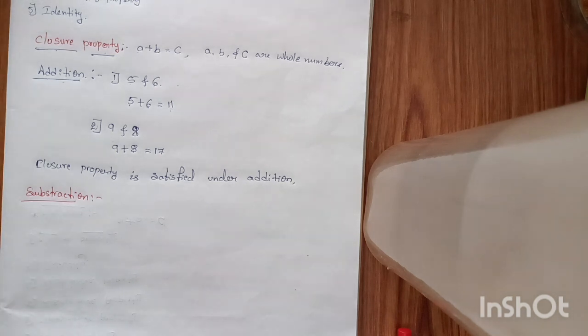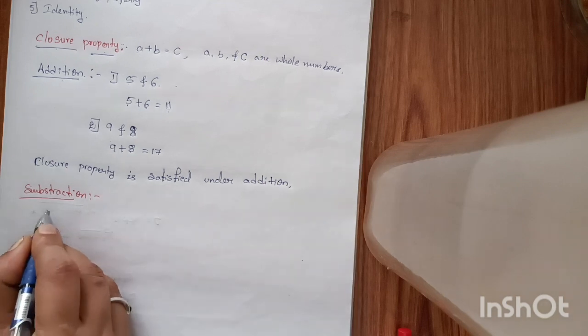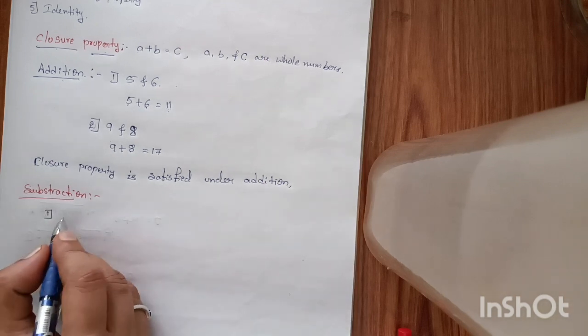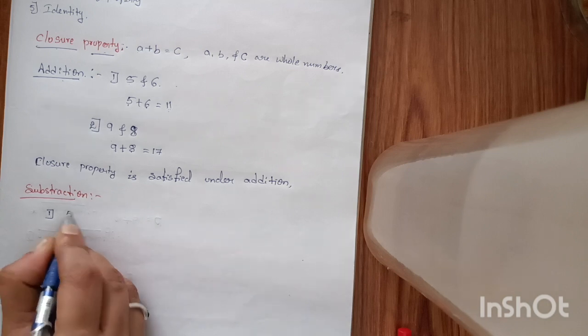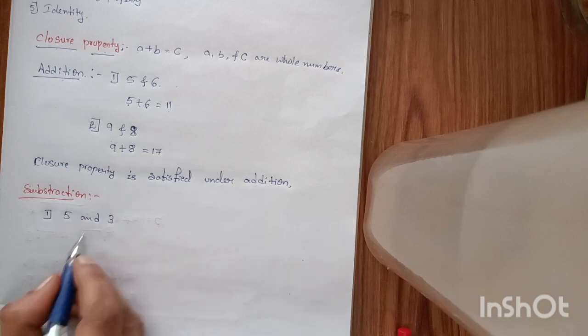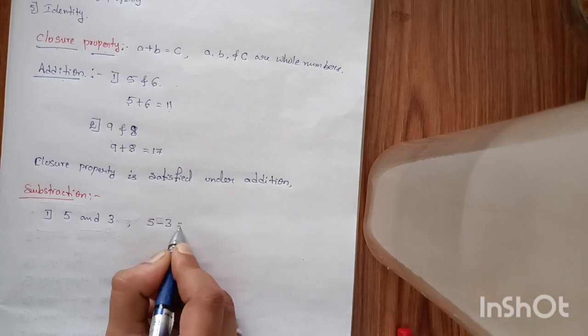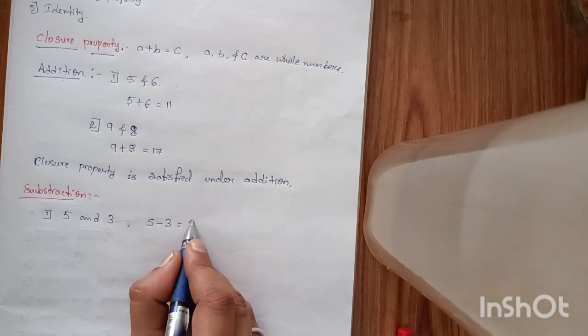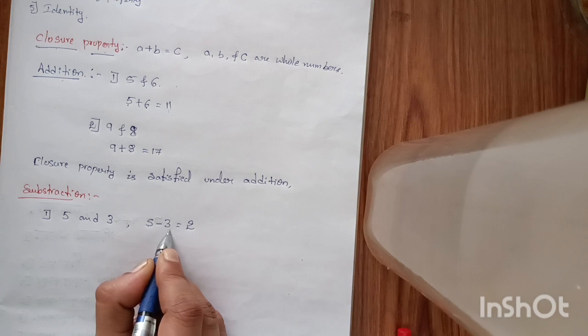Considering any two whole numbers, 5 and 3, 5 minus 3 is equal to 2. Here 5 and 3 are whole numbers, and subtracting them we get 2.